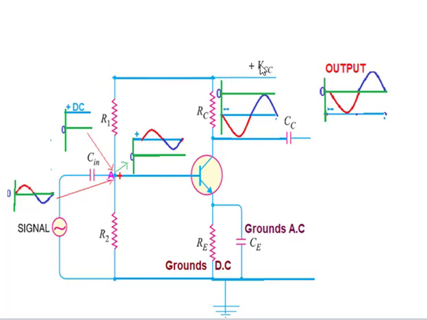This whole positive voltage is divided by the resistor network R1 and R2, and a part of the DC voltage is given to the transistor. This voltage is varied by varying the values of resistors R1 and R2. So these two resistors produce this DC voltage here.